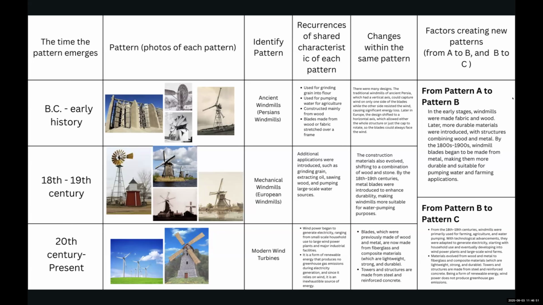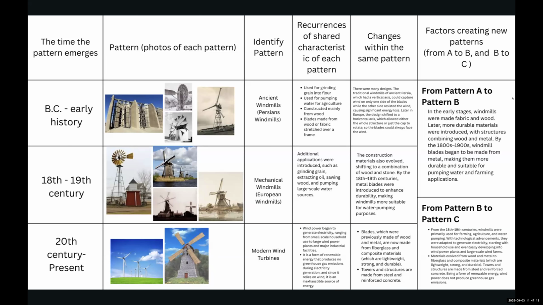Later in Europe, the design shifted to a horizontal axis, which allowed either the whole structure or just the cap to rotate, so the blade could always face the wind.